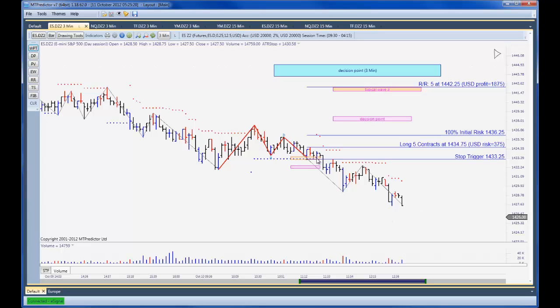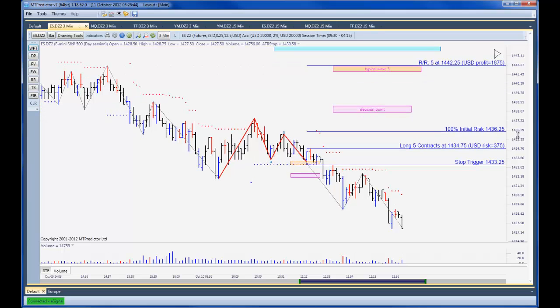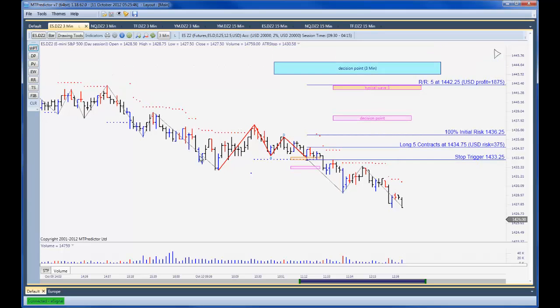But the point being is that this loss was kept small and under control, and that's the most important aspect of any successful trading system, that when the losses come through, and they will, and this is why I've done this video, to specifically show you a trade setup that was a losing trade, they're kept small, at just minus 1R.